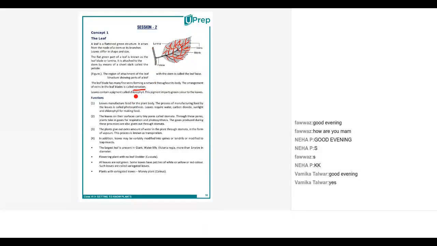That network of veins is called venation, correct? Ma'am, in short, can you tell it as an arrangement of veins? Yes, an arrangement of veins, correct. It's a network of veins, so the arrangement of veins, correct.